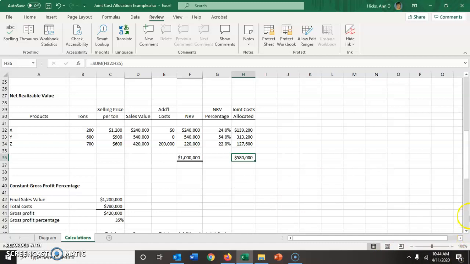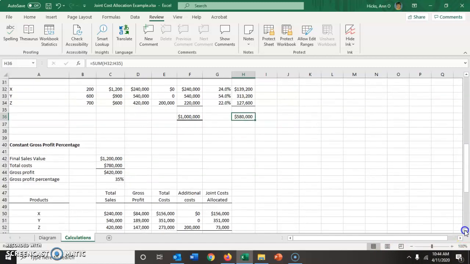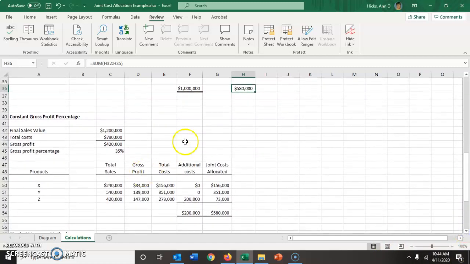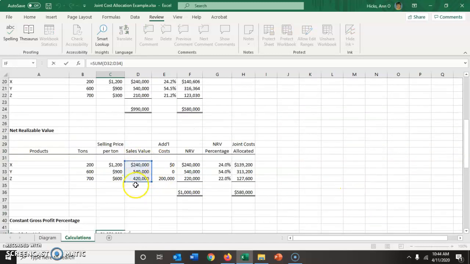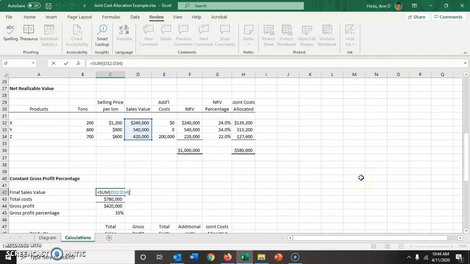The third method I want to walk through is what's called a constant gross profit percentage. What we're going to do here is determine what our gross profit would be once we sold everything. So the final sales value of all three products is $1,200,000.